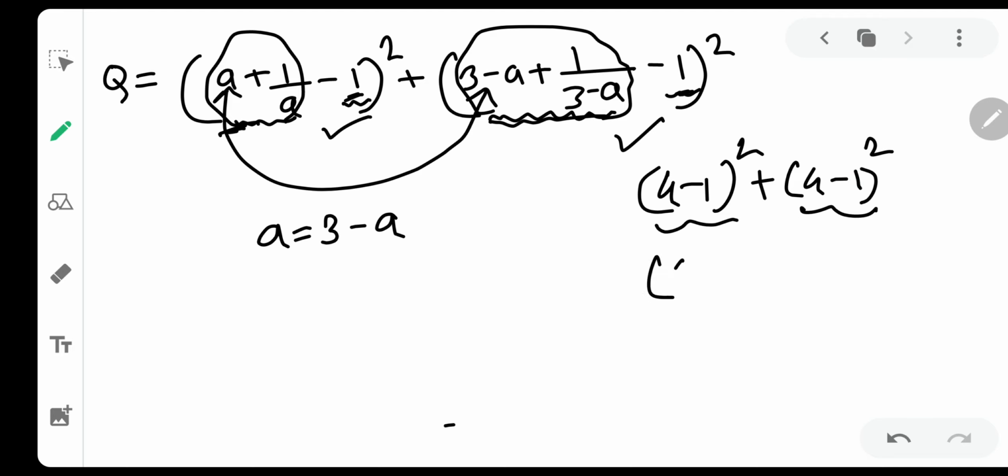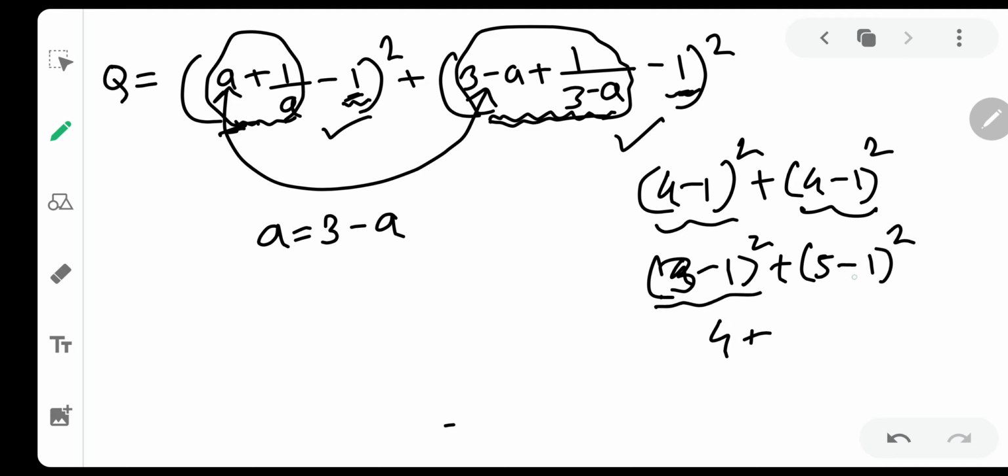But instead, if you have both the numbers different, over here you have 3 and over here you have 5, minus 1 the whole square, so this will be 2 square, 4, and this will be 16, and then it won't be minimized. It won't be minimized because these numbers were not the same, right?